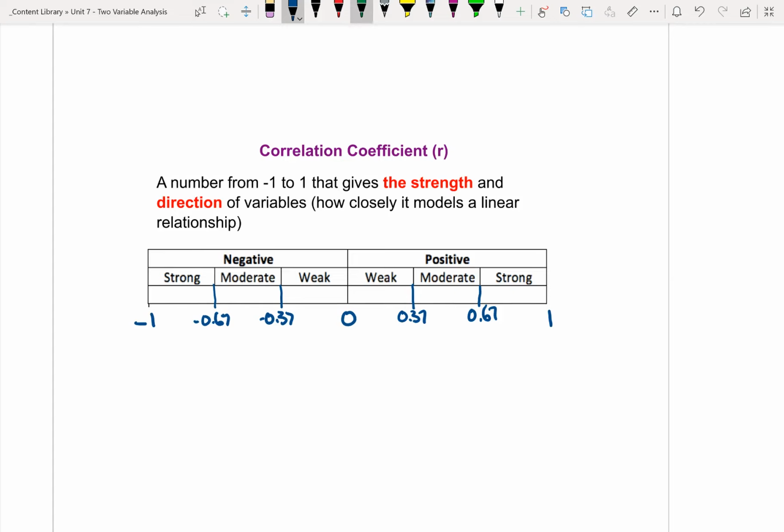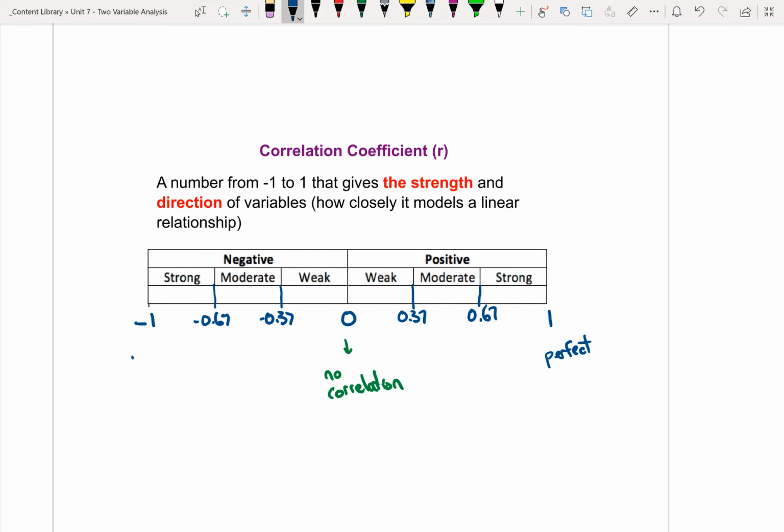If you have an R value of 0, that means there is no correlation, or it does not model a linear relationship. And if you have a 1, that means it's perfect. So the closer to 1, the closer to a linear relationship.